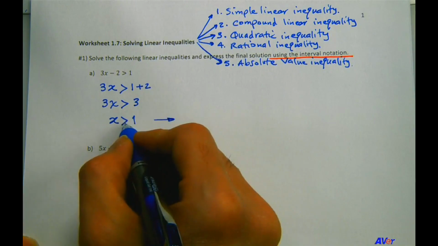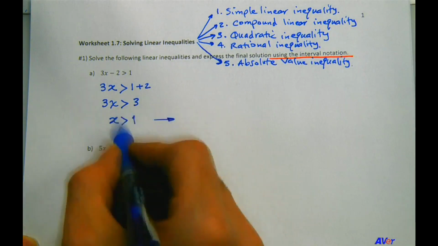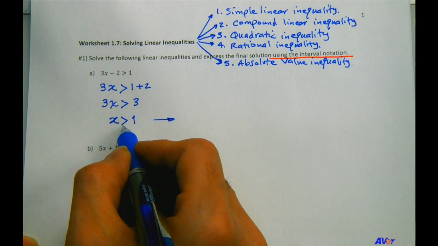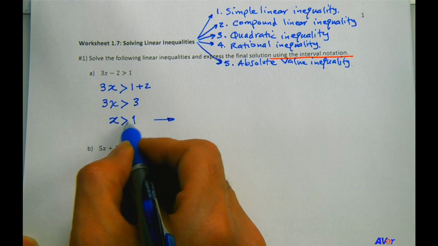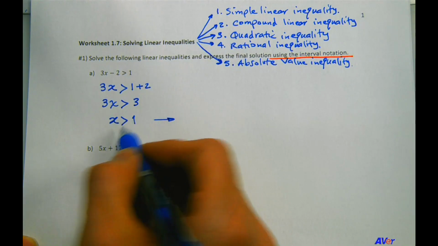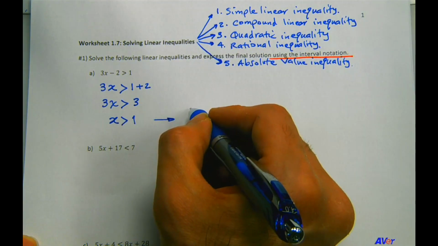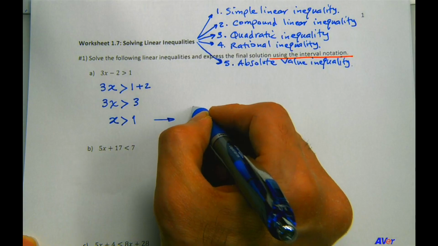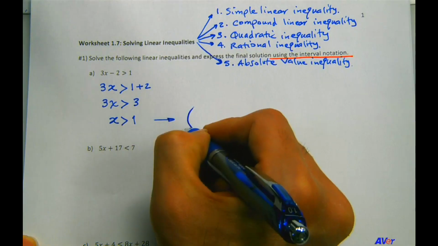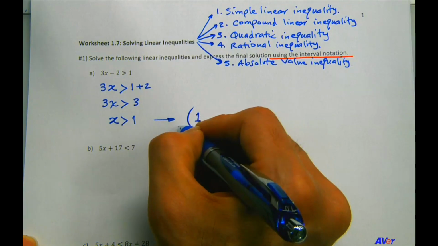So this means x should be anything greater than 1, not including 1, right? Because the inequality symbol is missing the equal sign. So 1 cannot be part of the solution, but anything greater than 1 can be. When we want to exclude a number using interval notation, we always put a parenthesis next to it. So parenthesis 1 means that 1 is excluded.